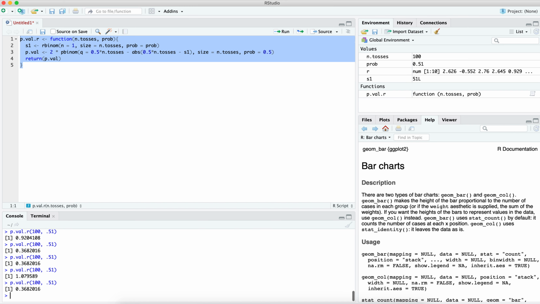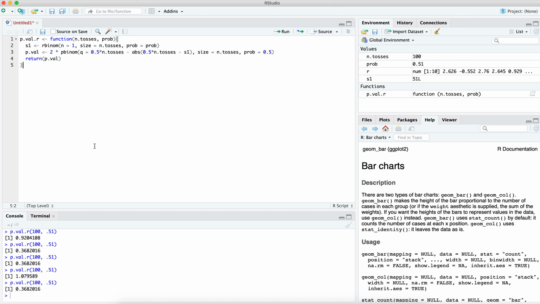So I get a different one every time. So here I got 1.07, so that's a little bit weird. The reason is that when n tosses is equal to 50, it messes things up a little bit. Because here you're computing the probability of 50 or fewer, and then you multiply it by 2, but that means you're including 50 twice. But that's okay because we only care about when the p-value is smaller than 5%.